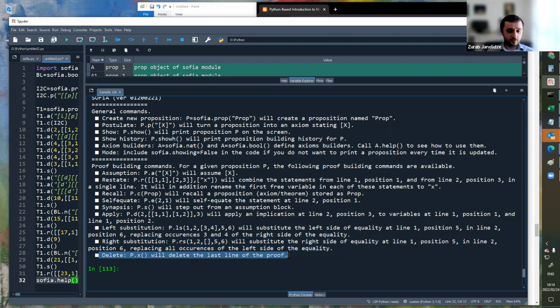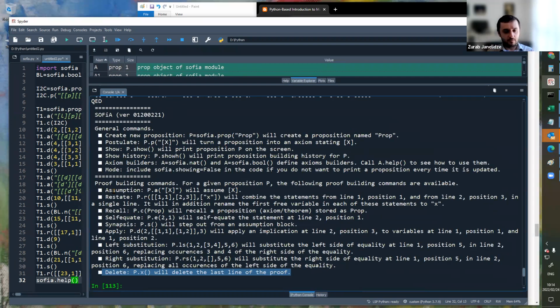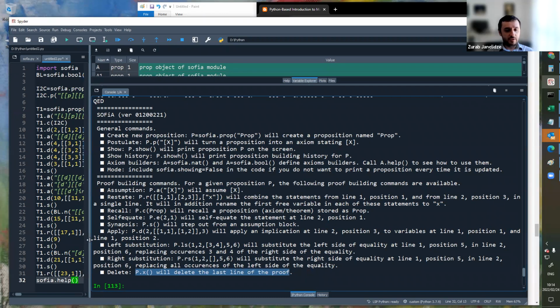This last one is just for convenience when you're typing up the proof, not in this interface, but in runtime. So you enter it line by line as you run the program. If you want to delete a line in a proof, you can use this command. It will delete the previous line.